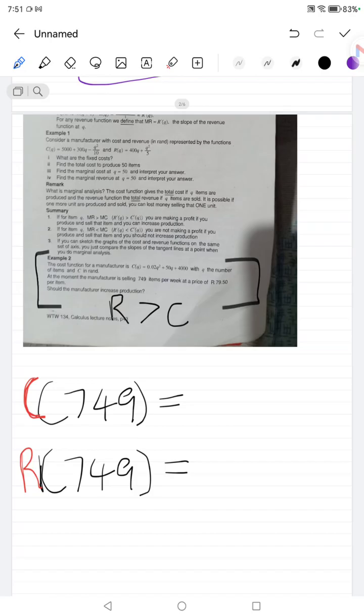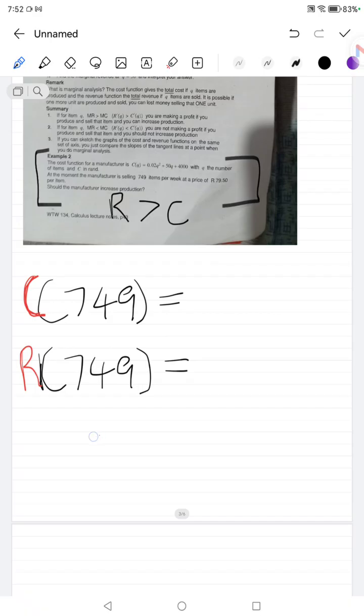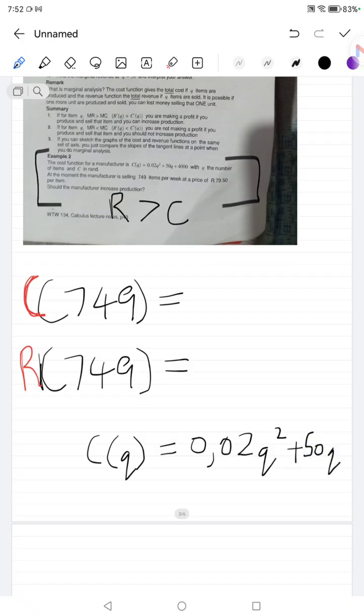Okay. Then what would be the cost? Just try to input your 749 into this equation that you see this side. We have it written as C of Q is equal to 0.02 Q squared plus 50Q plus 4,000.